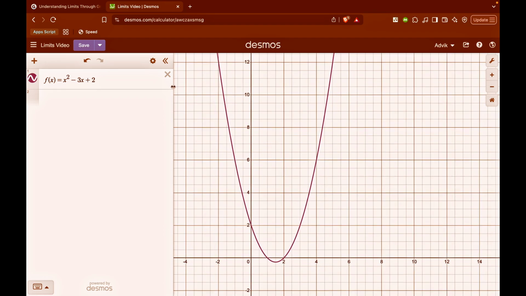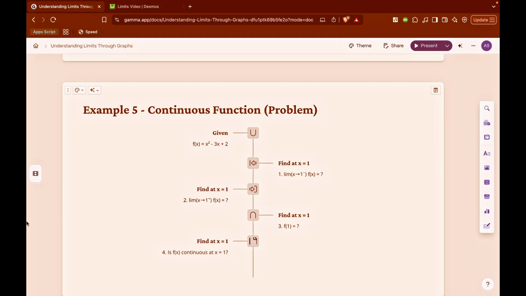Not very necessary to know, but just a nice thing that you might or might not have noticed. Since both one-sided limits are 0, the limit is 0, and the function at 1, since it's continuous, is also 0. Now, it is continuous because it approaches the same value from both sides, and the function is defined at x equal to 1.